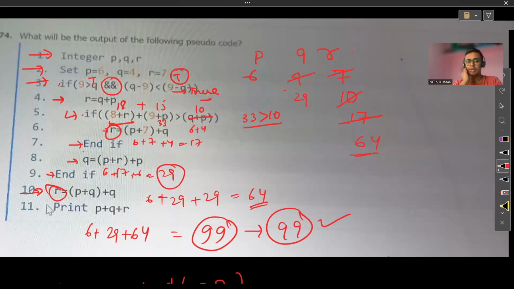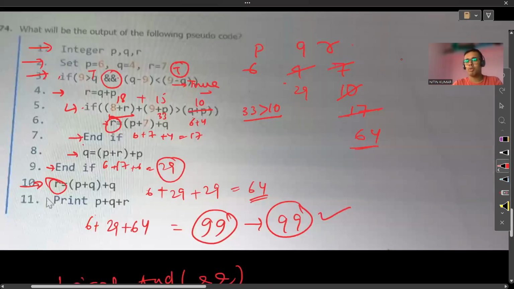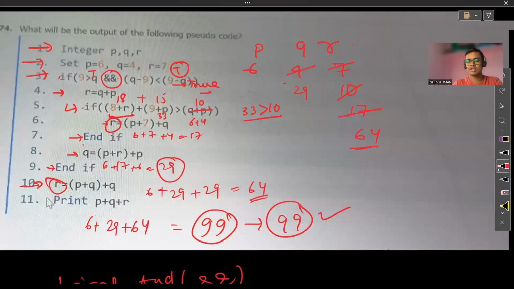Here the options are not provided. They are provided to you in the examination, but in the screenshot of the problem the options are not present. The correct answer for this will be 99. So whichever option gives you 99 as the answer, you will tick that. Okay.